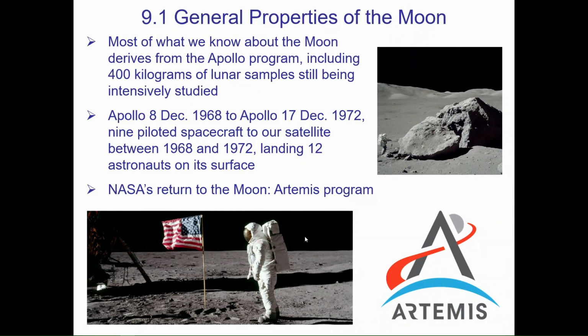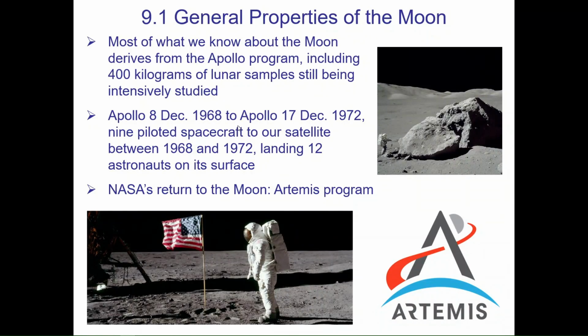For example, we can use radioactive rock dating to date the age of these lunar rocks or lunar samples, and we can also look at what they are made from, and they can reveal some important hidden information about the moon.